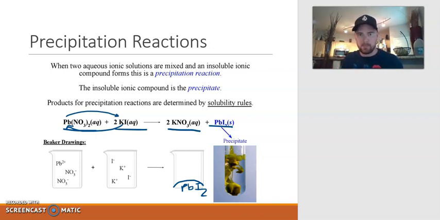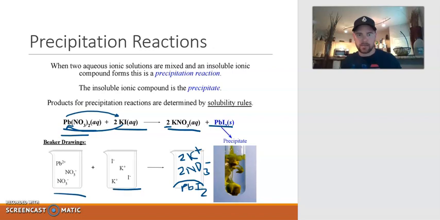But this second part, that needs to be represented up here because aqueous means they're still in ion form. So the two will distribute. So there would be two potassium ions, so 2K plus, and there's also two nitrates. That would be floating above still in solution, right? And so this is what your beaker drawings would look like. Notice this is your first reactant, which is the Pb(NO3)2 up here.